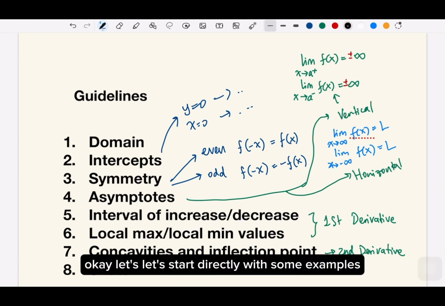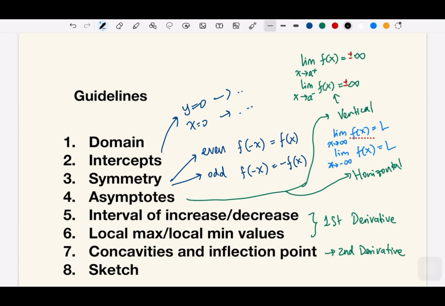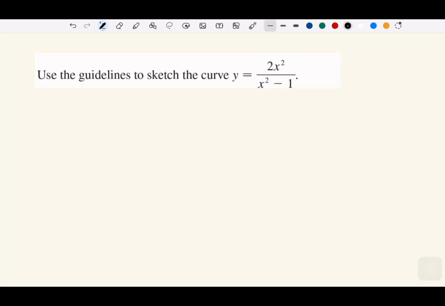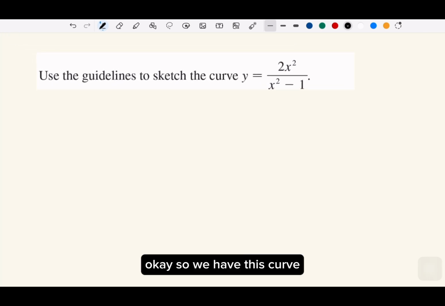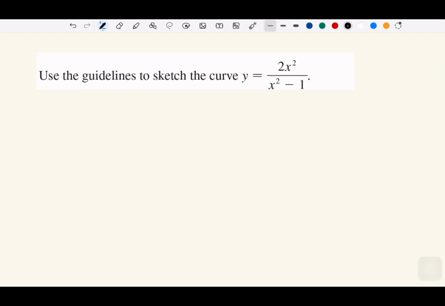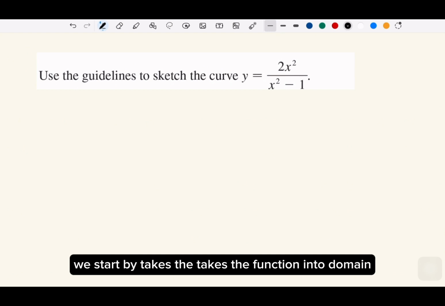Okay, let's start directly with some examples, so we know how to sketch the curve properly. Okay, so we have this curve y equal to x squared over x squared minus 1. We start by taking the function into domain.